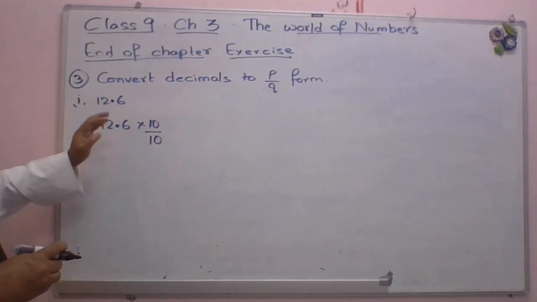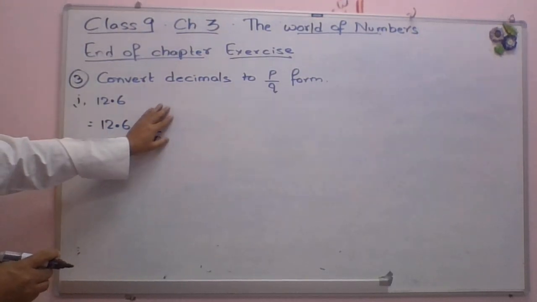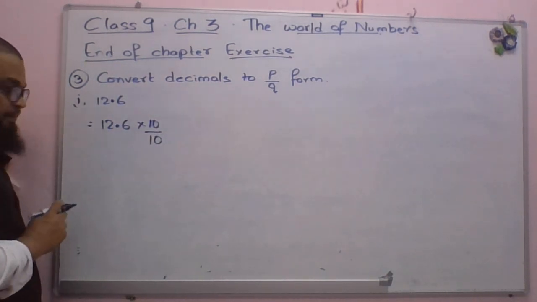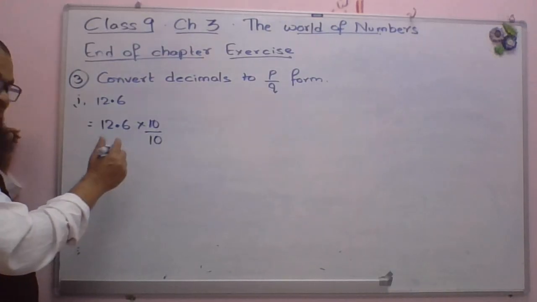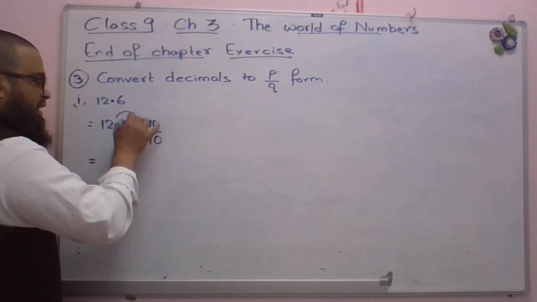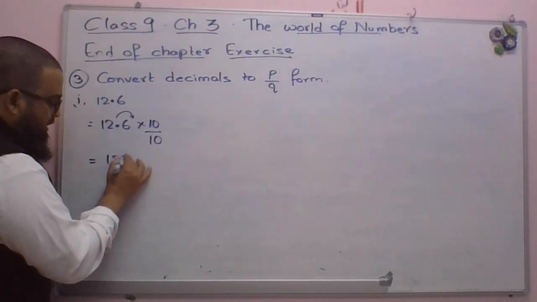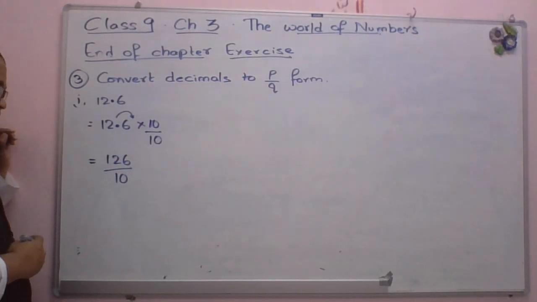Okay, you can do calculations until and unless you don't change the value. So therefore, I multiplied with 10 and divided with 10. So now in numerator what happens? Whenever I multiply with 10, the decimal will move one place to right hand side. So it becomes 126 divided by 10. Now there is common factor.